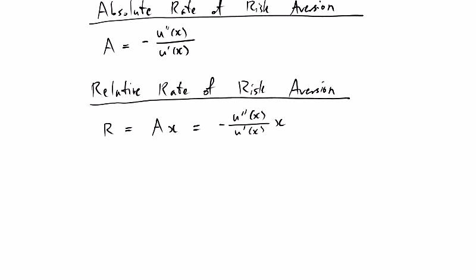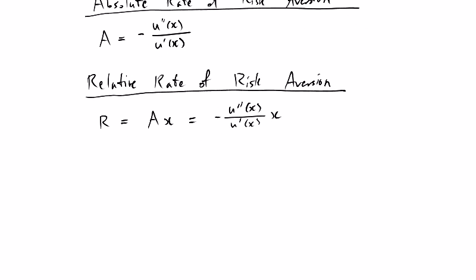In financial theories, you would see two utility functions used very often. The first is the constant absolute risk aversion utility function, and the second is the constant relative rate of risk aversion utility function. The first is usually shortened as CARA.